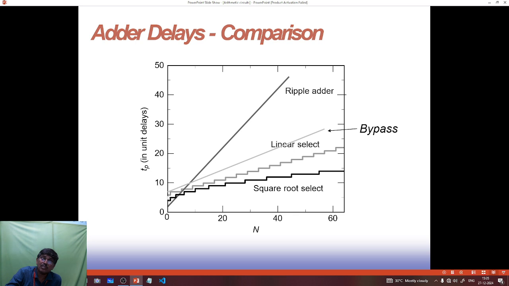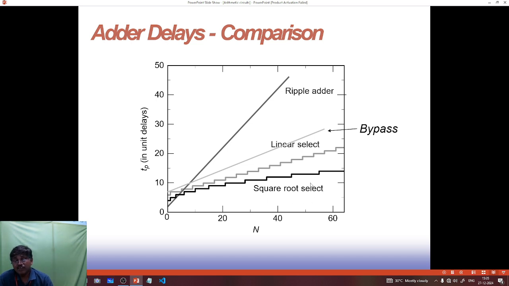Now the ripple carry adder has the most delay, the linear select adder has less delay than the ripple carry adder, and the bypass select adder is comparatively less than the ripple carry adder. Finally, the square root select adder is very low compared with the ripple carry adder.